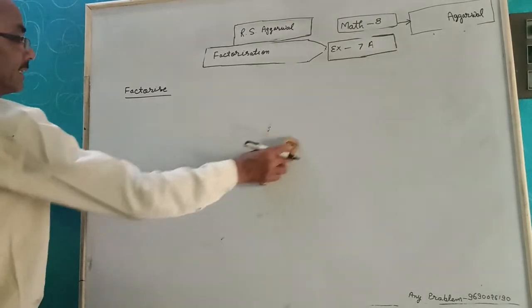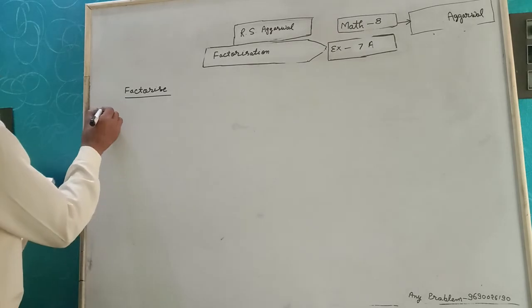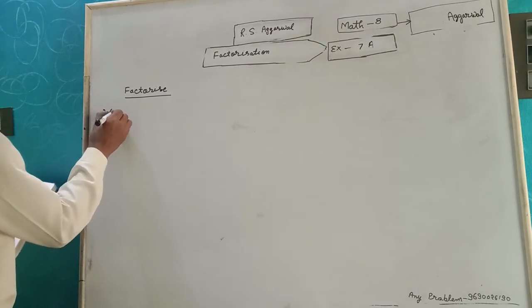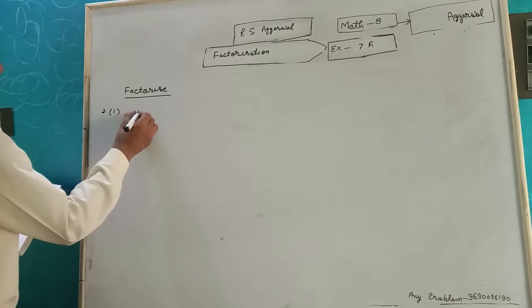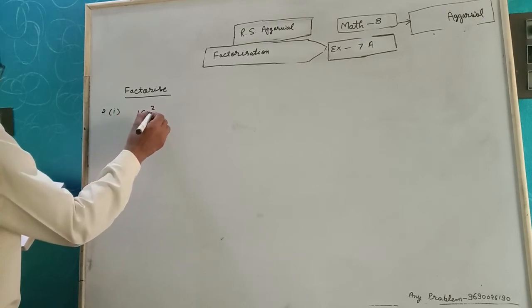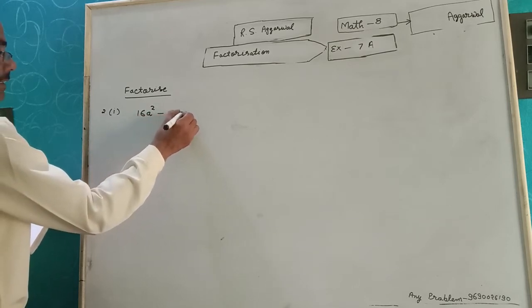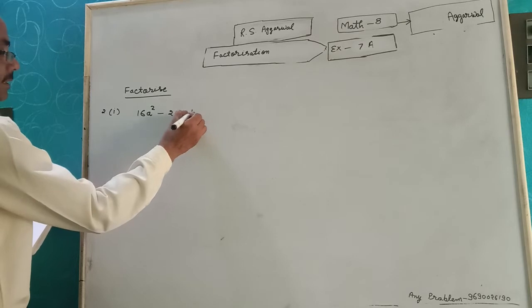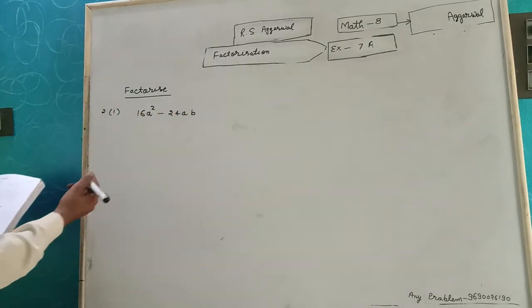Second question, first part. First part is 16a square minus 24ab. That is the question. Expression has two terms.